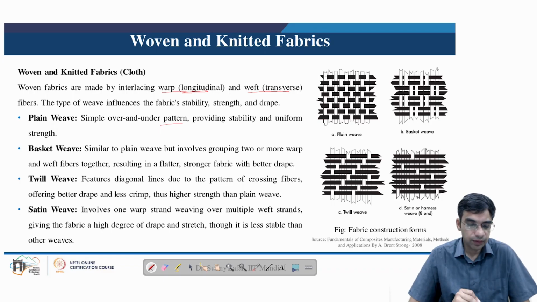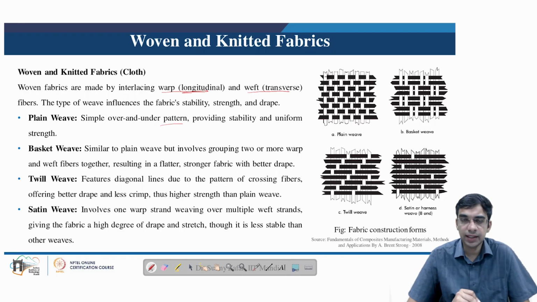Then we have the basket weave. This is similar to plain weave where groups of two or more warp and weft fibers are held together, resulting in a flatter and stronger fabric with better drape. Twill weave features diagonal lines due to the pattern of crossing fibers, offering better drape and less crimp.